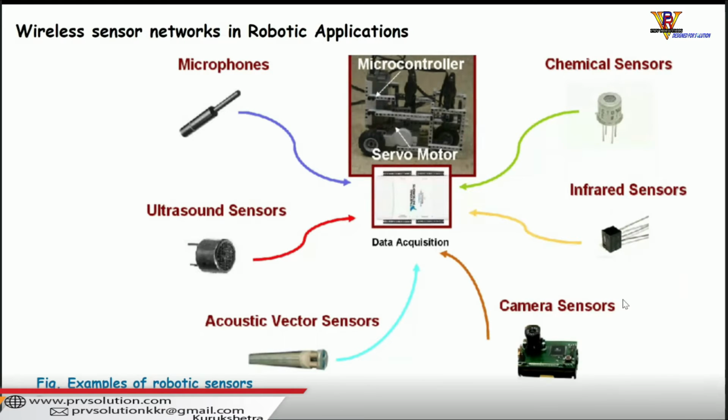Another application is in robotics. This diagram shows several types of robotic sensors. A chemical sensor may also act like a robotic sensor, infrared sensor, camera sensor, acoustic vector sensor, sound sensor, microphones. Everything can be used.